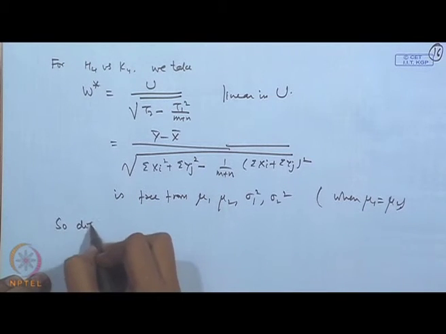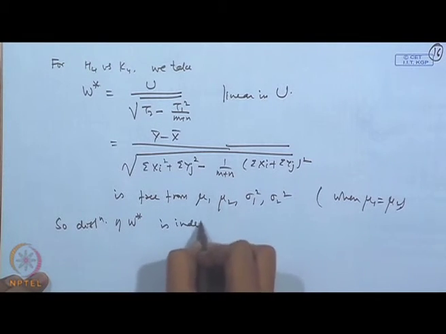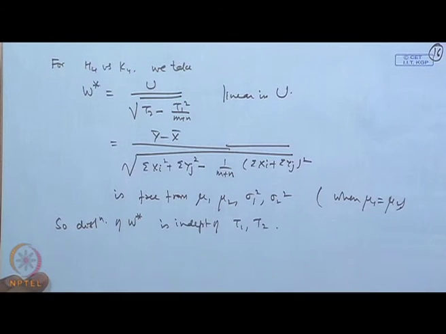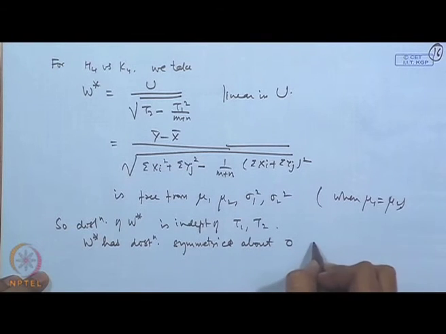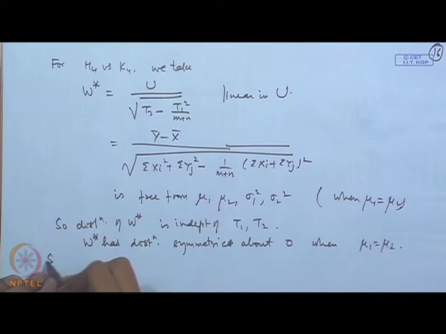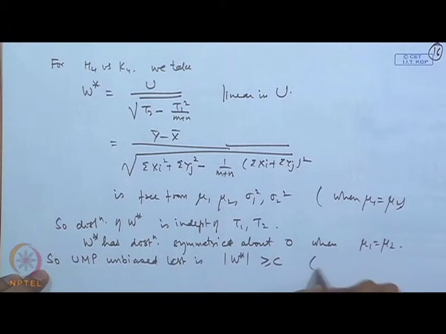So, the distribution of W star is independent of T1, T2, and also W star has a distribution symmetric about 0 when mu 1 is equal to mu 2. So, the UMP unbiased test is based on modulus of W star greater than or equal to C, that is the rejection region.